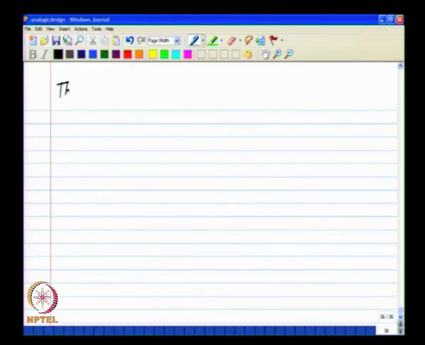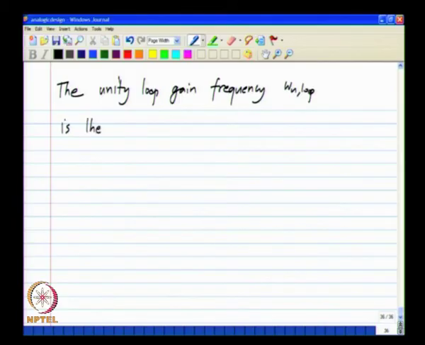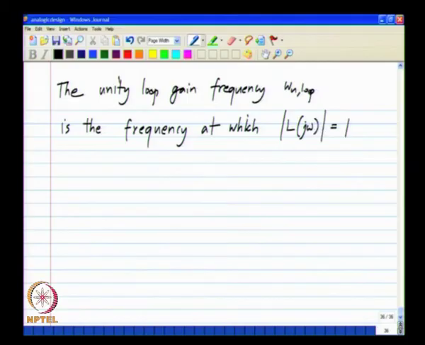The unity loop gain frequency, omega u loop, is the frequency at which the magnitude of L of j omega becomes unity, and this divides regions of ideal and non ideal behavior.